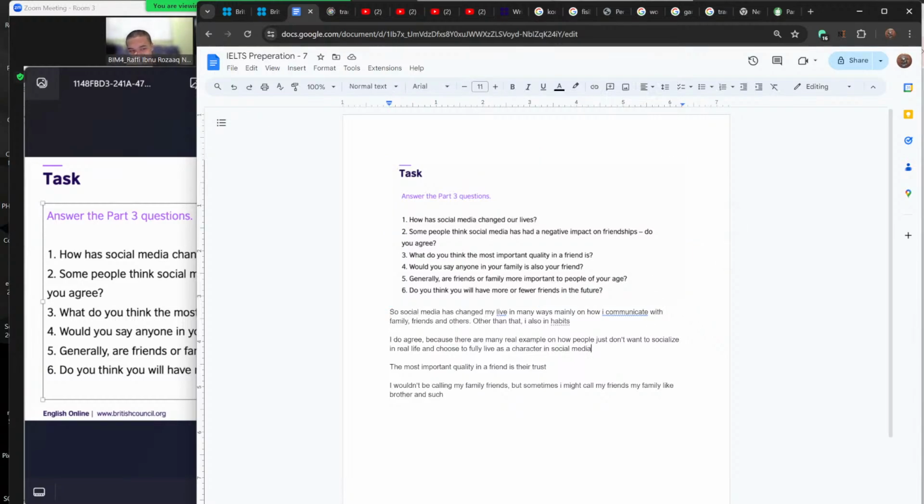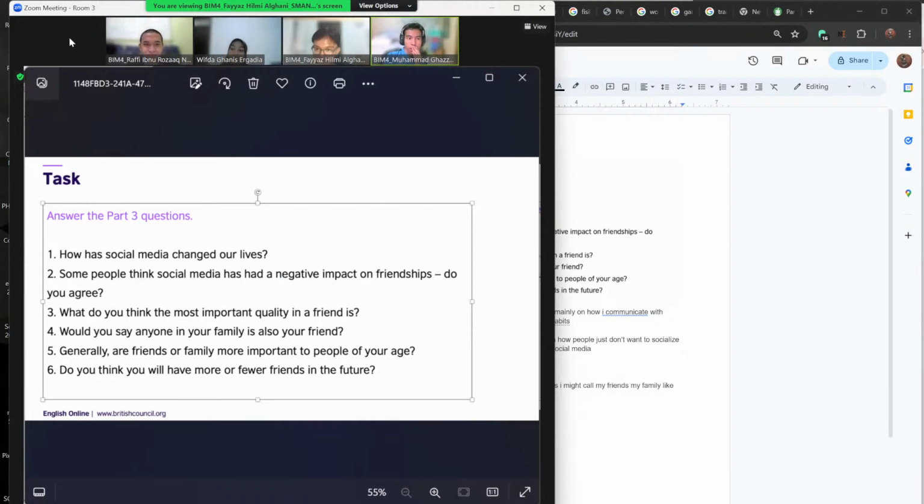Sometimes we need privacy, like what Himi said. That's how social media works, but it doesn't remove all of the positive impact, because social media connects us more easily than before. I think that's all. Okay, so let's move to the third one.